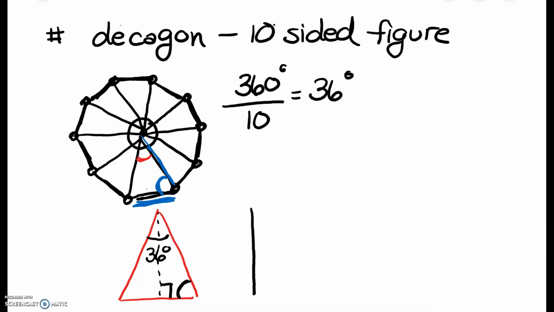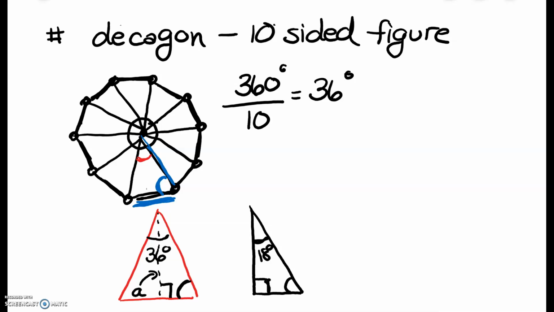So when I split my triangle in half, this angle here becomes 18. This is a nice right angle, because when I drop this, that is my apothem, and my apothem always makes a right angle with the side of my regular polygon.